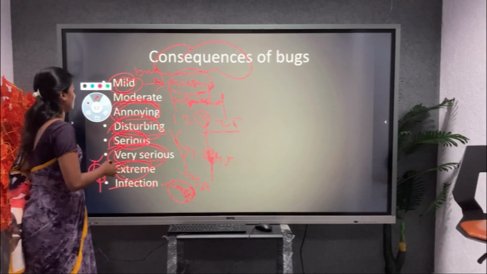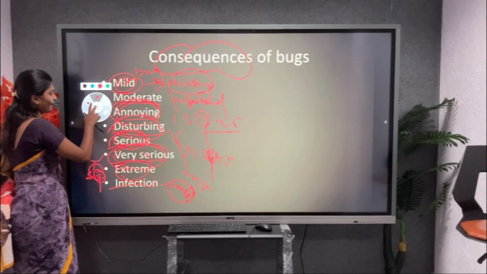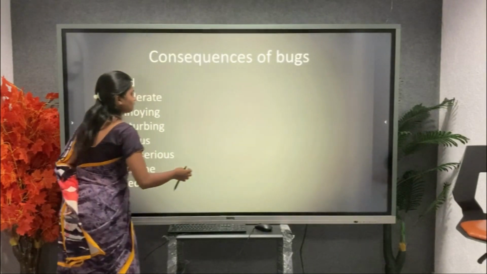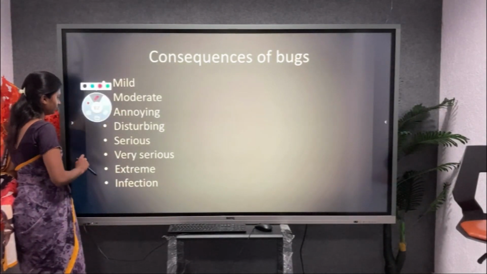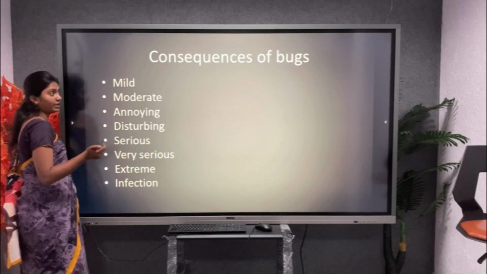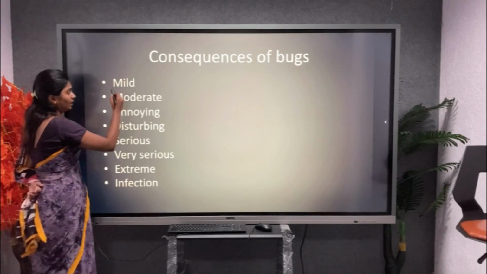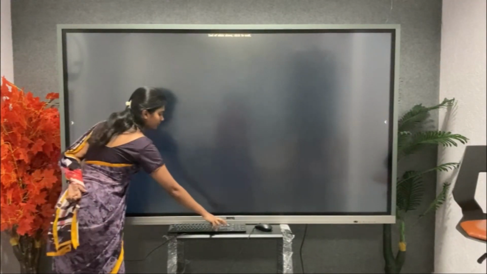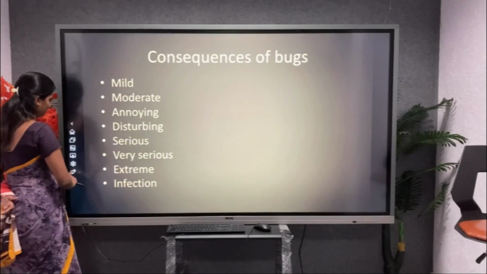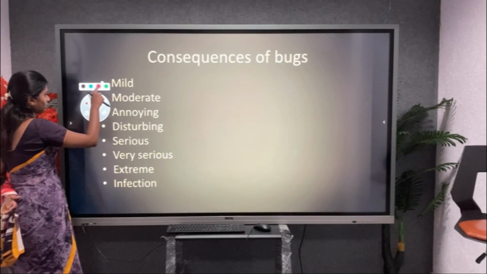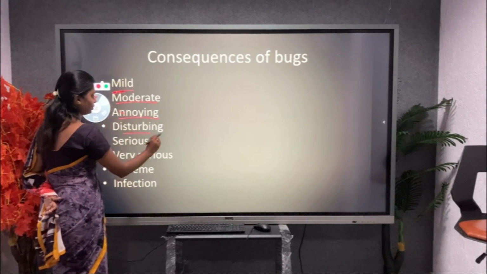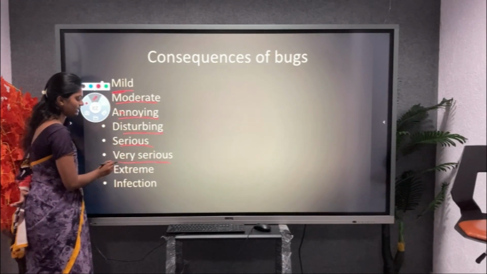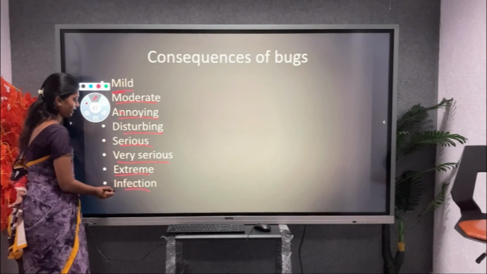The levels of consequences of a bug are: mild, moderate, annoying, disturbing, serious, very serious, extreme and infection.